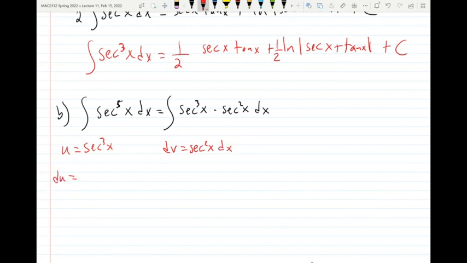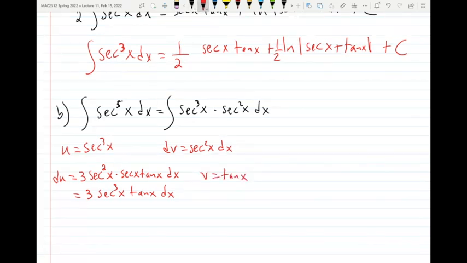What is du? It's going to be 3 secant squared of x times the derivative of secant, which is secant tangent, right? So I have to use the chain rule. So du is actually 3 secant cube times tangent. And then our v equals tangent.